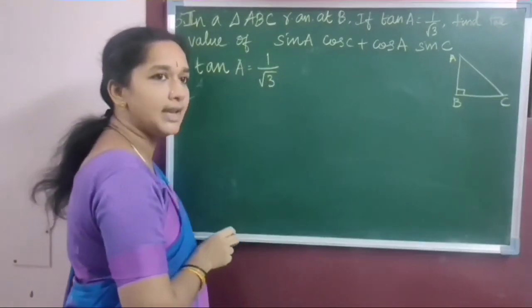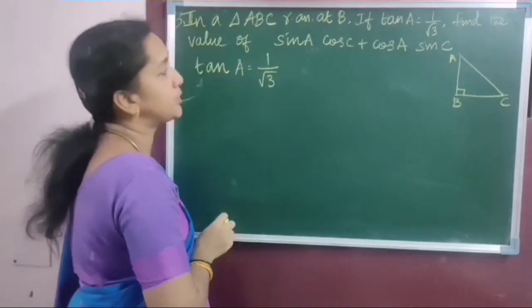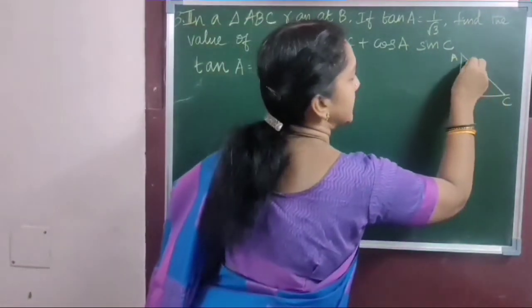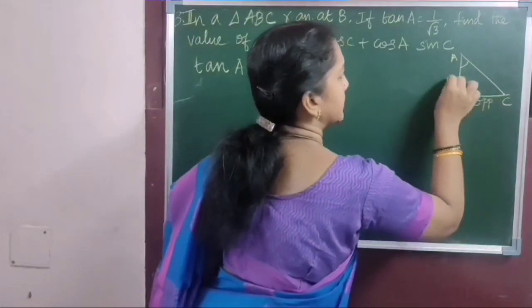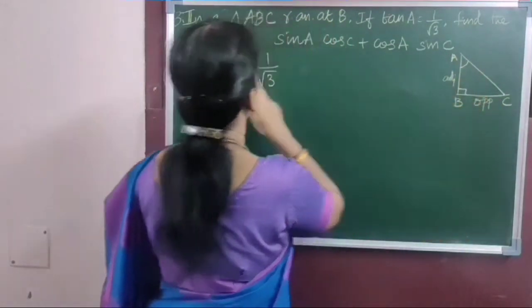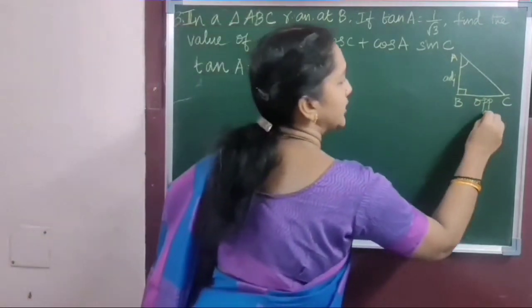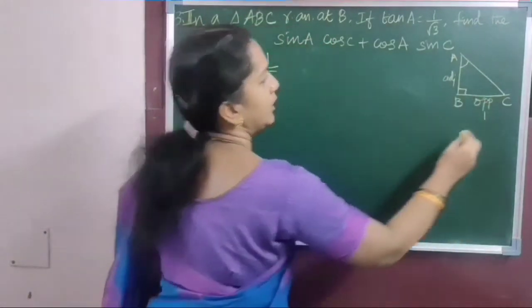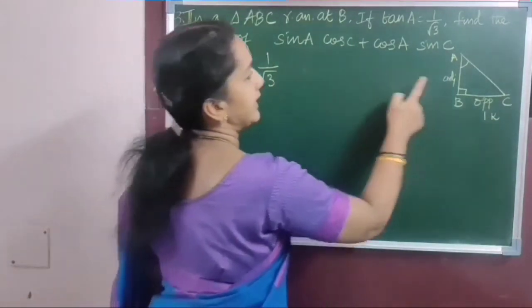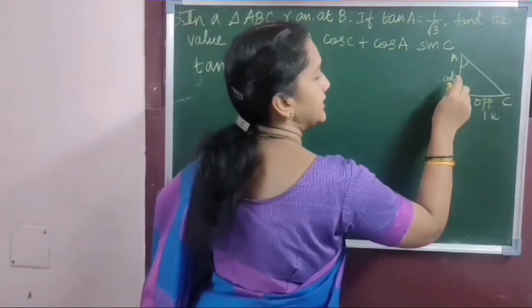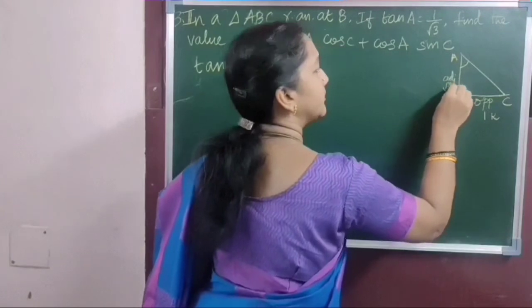Tan A is opposite by adjacent. The opposite value is given as 1K, some constant K, since it is in ratio, and the adjacent is root 3K.